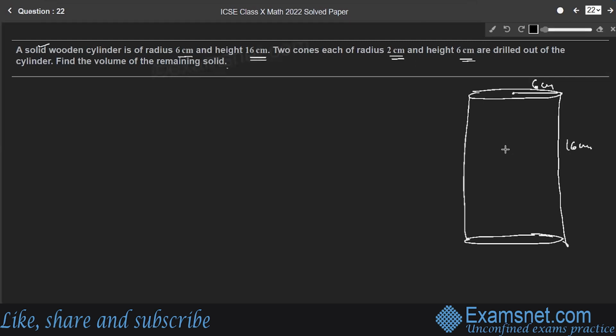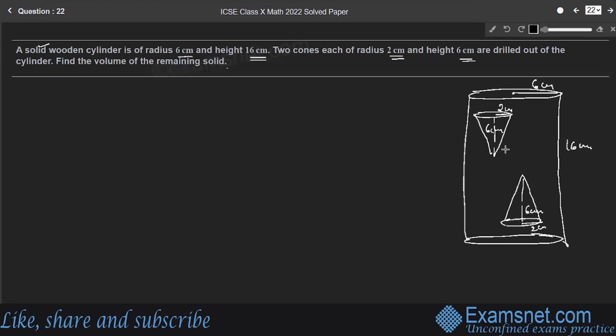If two cones are drilled out of the cylinder, the radius of each cone is 2 centimeter and the height of the cone is 6 centimeter. So what is the volume of the remaining solid?